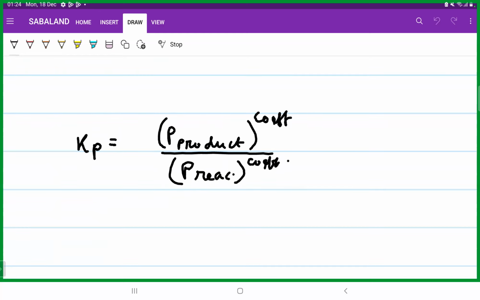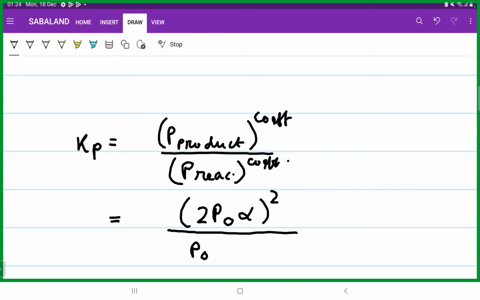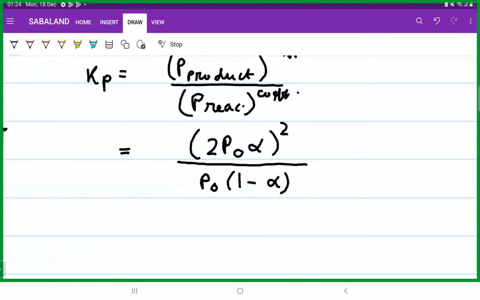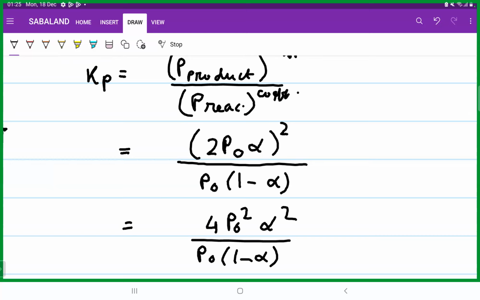Anyways, so this will be (2 P naught alpha) whole square divided by P naught (1 minus alpha). So this will be 4 P naught square alpha square divided by P naught (1 minus alpha). So let's cancel the P naught.